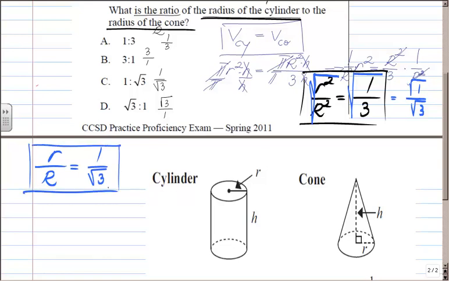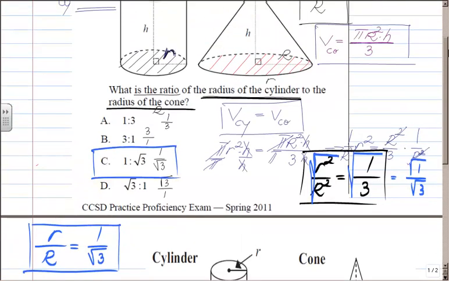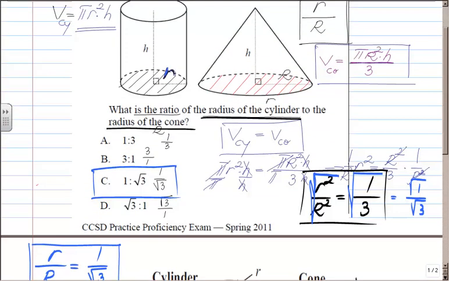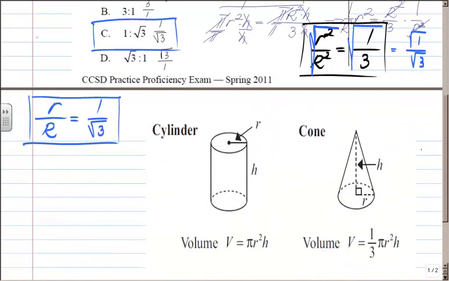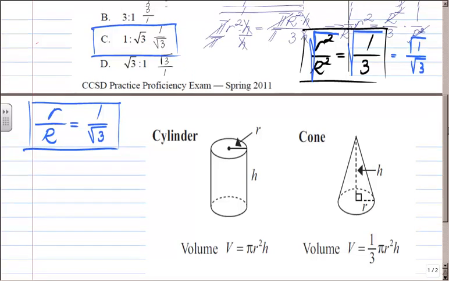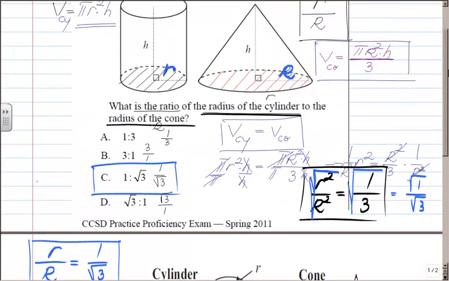So looking at your possibilities here, which one is the right answer? Well, the right answer for this particular problem seems to be C. The ratio of the radius of my cylinder, lowercase r, to the radius of the cone is 1 over square root of 3.